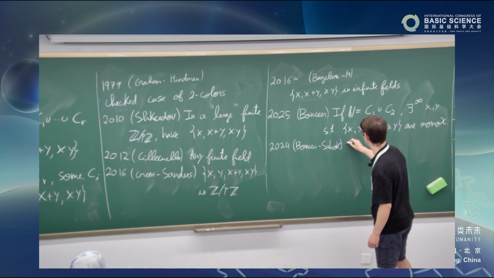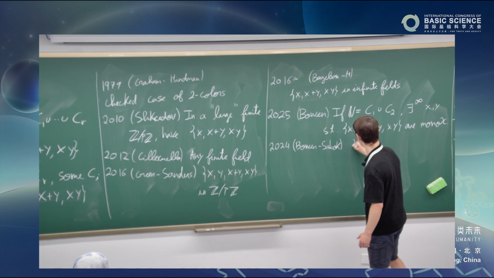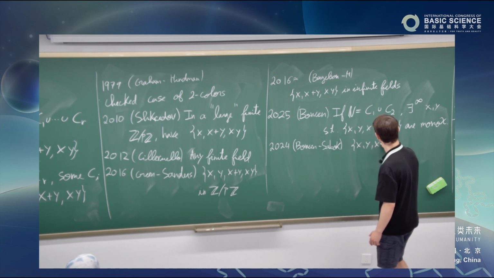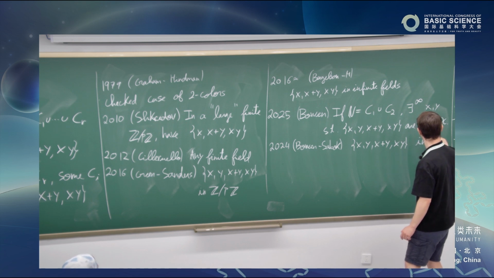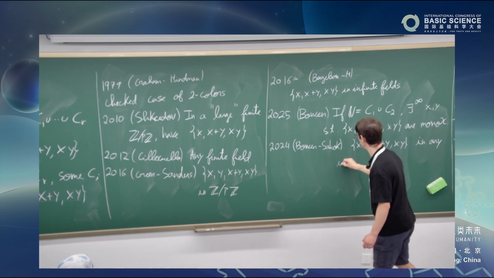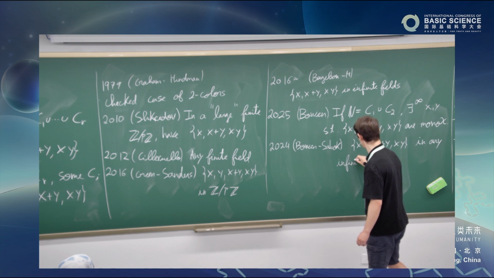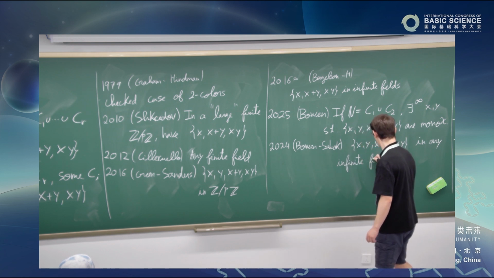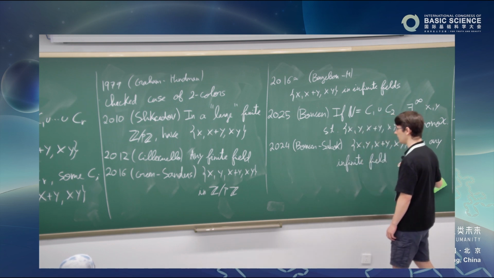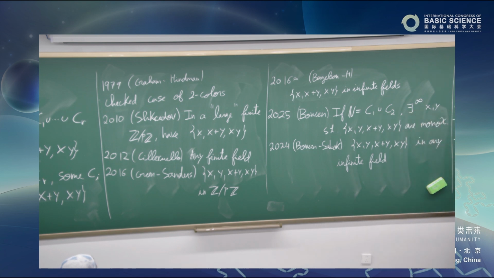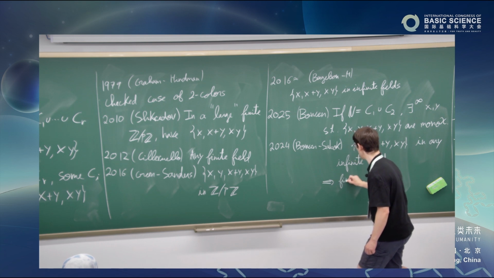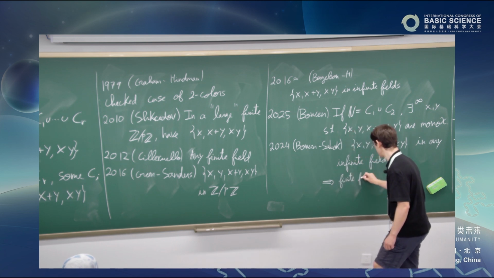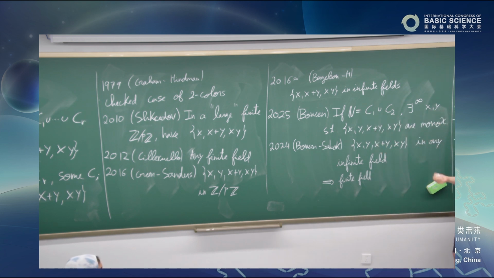Okay, so let me just say x, y, x plus y, x times y, in any infinite field. And then by the compactness principle, this implies the same is true for any finite field, again with the finite field of sufficiently large characteristic.